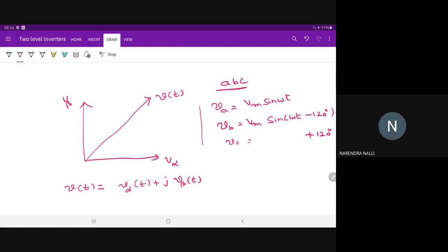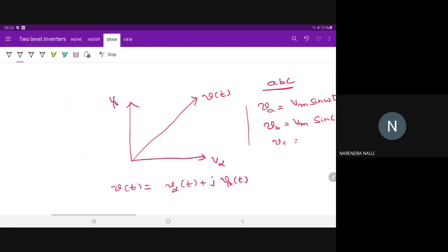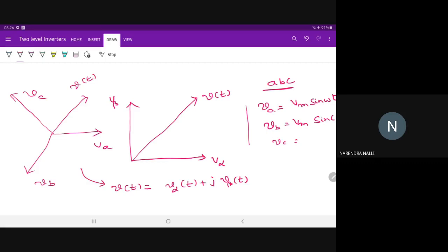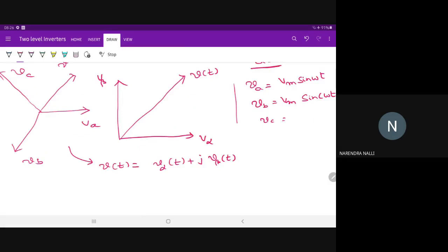So that means you have this 3-phase, VA, VB, and VC, and it has some resultant. For example, this is the resultant, V of t. So that means V of t is V alpha of t plus j V beta of t.